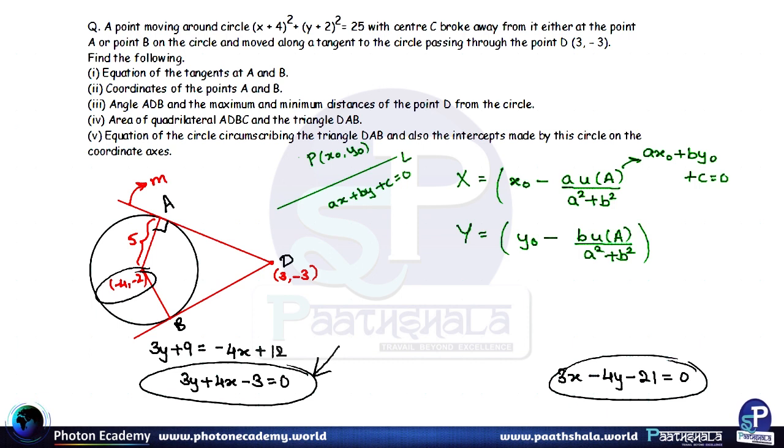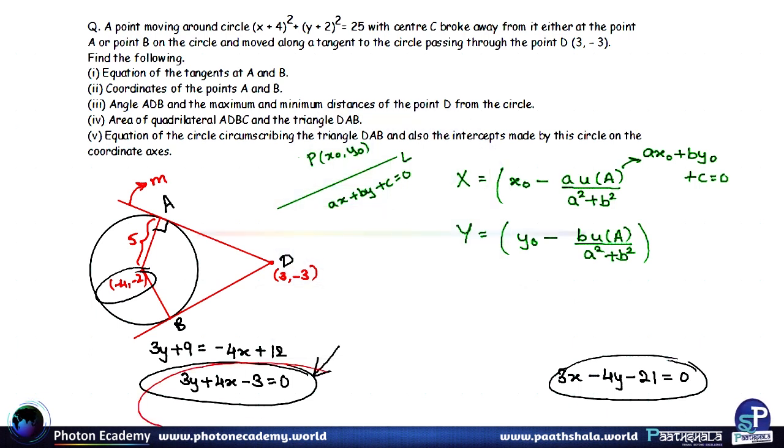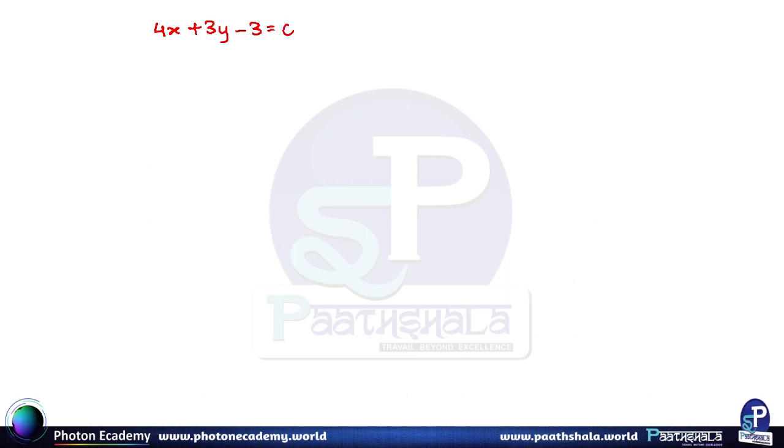So we will just use this formula in the given sum. We know the equation of the two lines, we know the point from which we have to drop the perpendicular. So let's just do it for this one first. Equation is 4x plus 3y minus 3 is equal to 0, and we have to drop the perpendicular from point (-4, -2), that's the center.